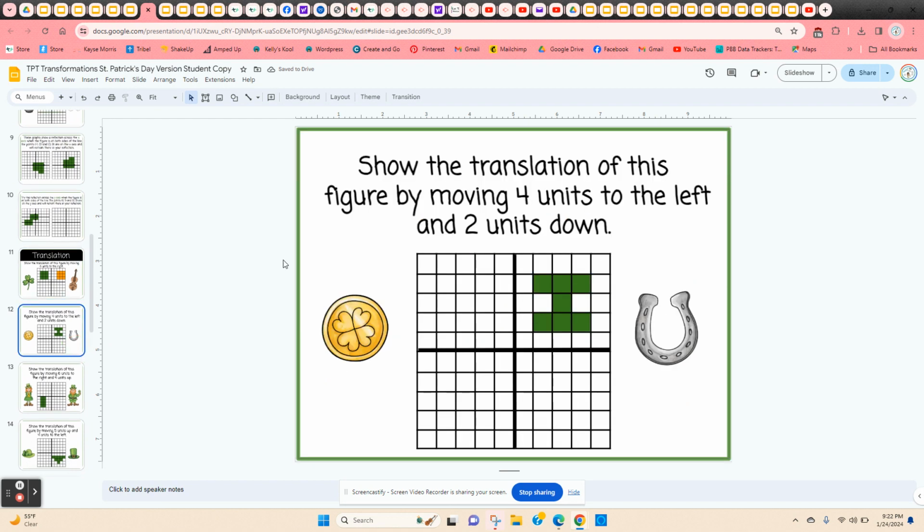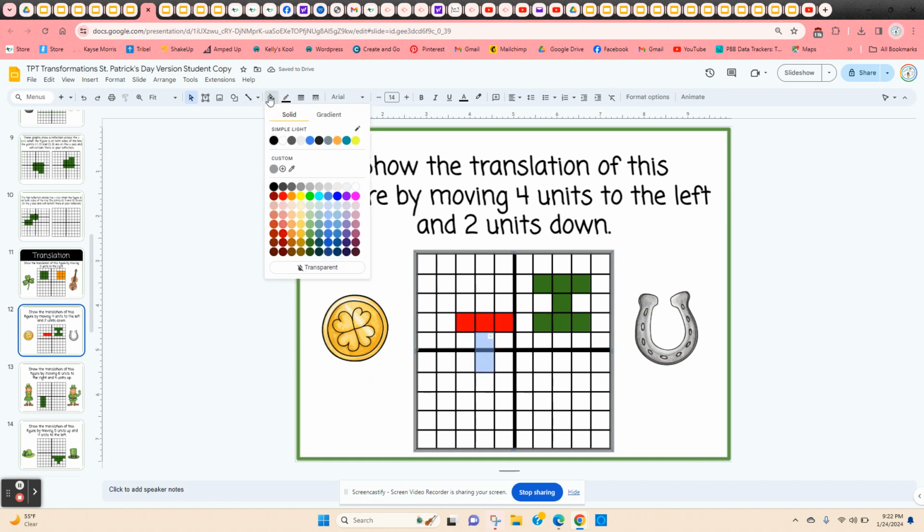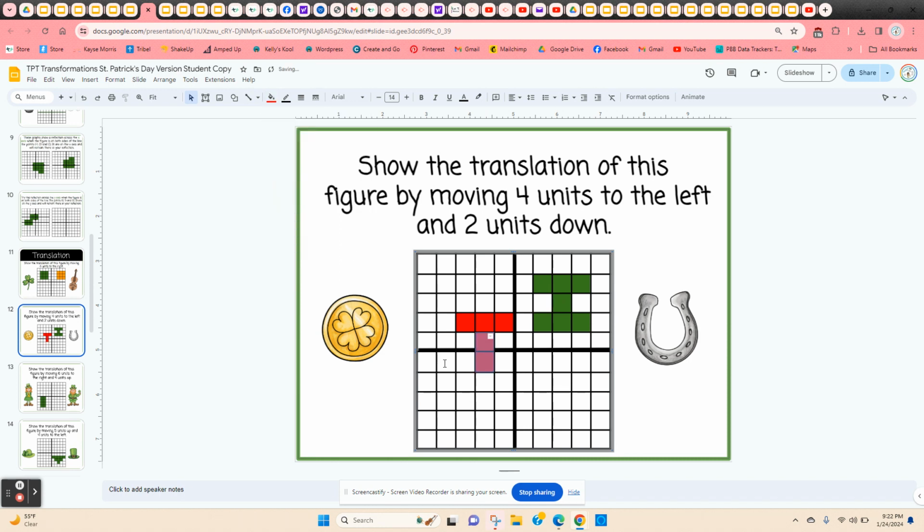The next one's a little bit different shape. This one, they're going to move it twice. So they're going to move 4 units to the left and then 2 units down. So it's going to look something like this. And the kids can have fun with it and make any color they want.